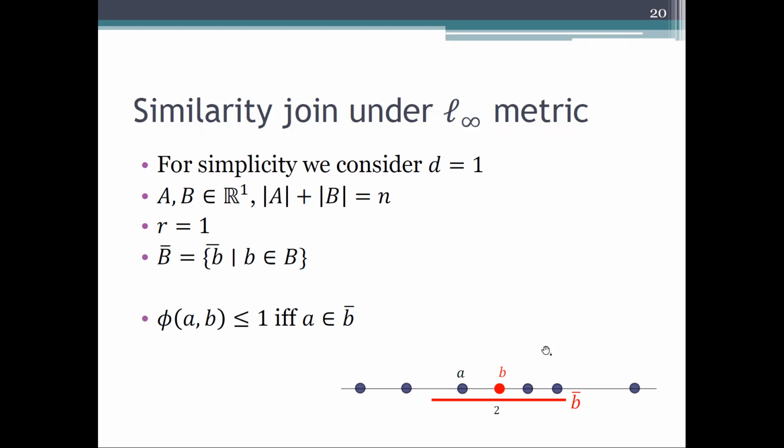As you can see in this figure, a point A has distance at most 1 from a point B if and only if A lies in an interval of length 2 and center B. So let's call this interval B bar, and let the set B bar be the set of all intervals of length 2 that have as a center a point from set B. In higher dimensions, we can consider that B bar is a square instead of an interval.